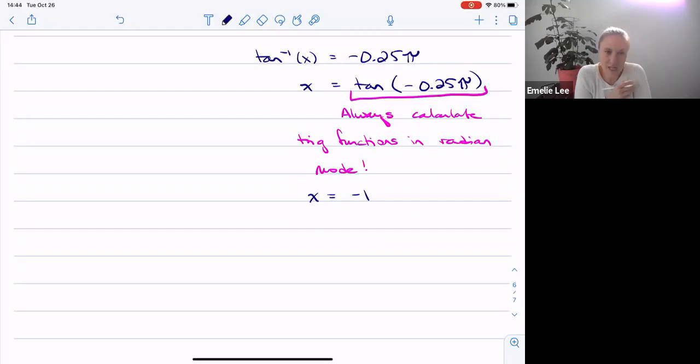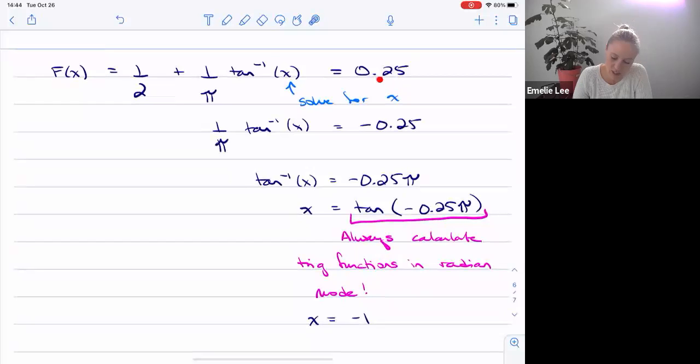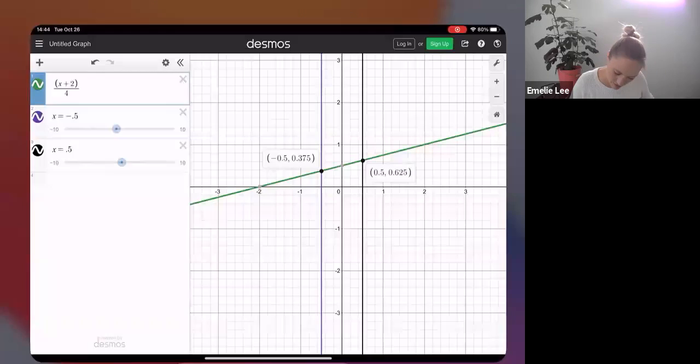So same thing goes for the 60th percentile. All we have to do is change this to 0.6, and then we can go through and solve it. So let's see here.